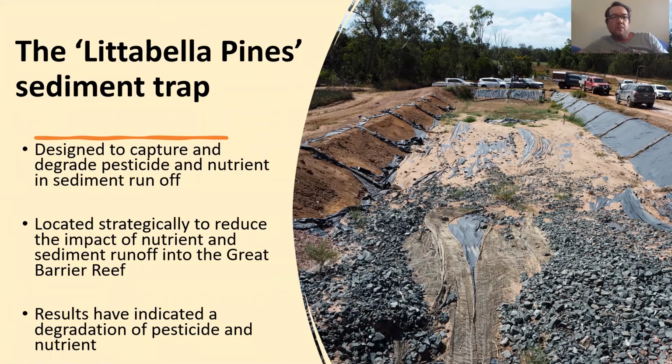We modified our silt traps to become a lot broader and shallower, trying to understand the impact of heat and light on chemicals and nutrient bound to sediment particles. So this is a demonstration site.